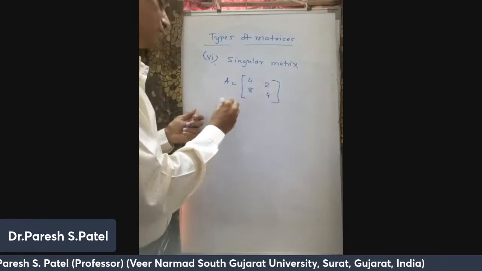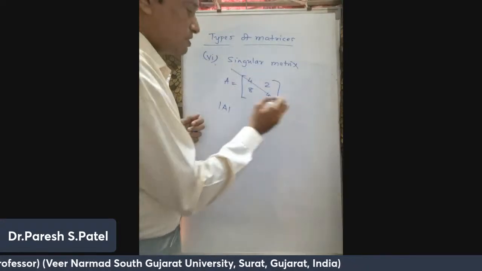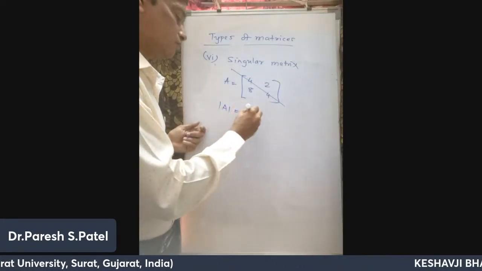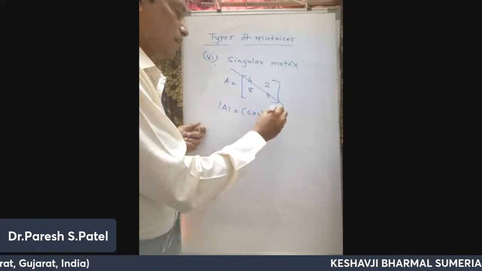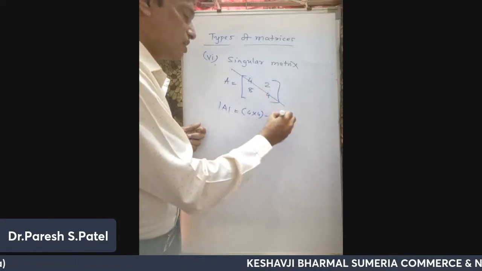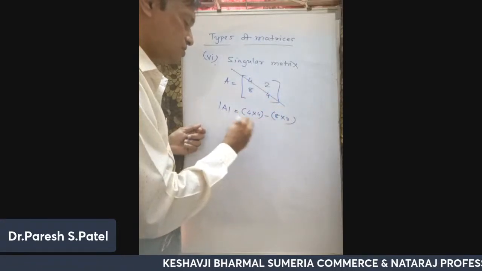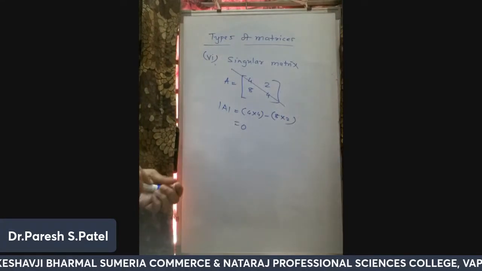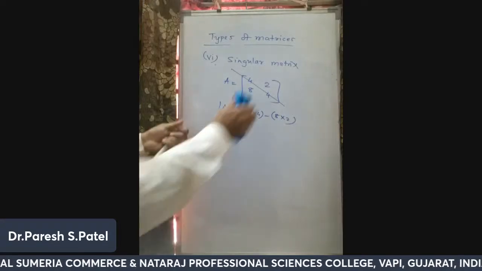Now, the determinant of this matrix can be represented by combination of diagonal elements minus combination of other than diagonal elements is equal to 0. So this type of the matrix can be represented as a singular matrix.